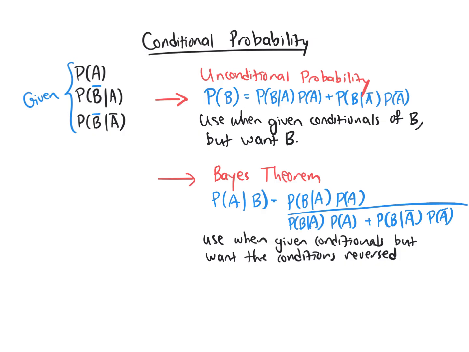Sometimes the information you're given doesn't quite fit what you need. Notice that in all of these formulas, we had the probability of B given either A or A bar. If your question gave you the complements, you can flip it around.